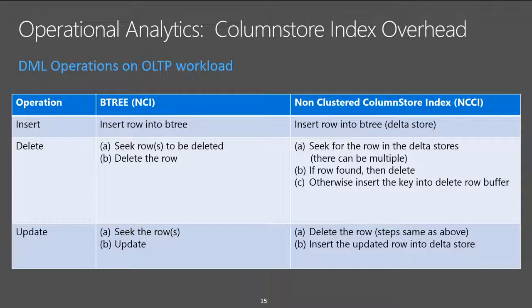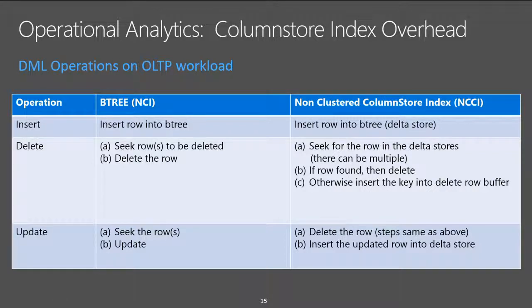So it goes there. Now, if you look at the delete, when I say delete some row from this table, guess what? An index is used. It seeks into the row and then marks the row deleted, right? So here, if you look at A, it says seek the row.